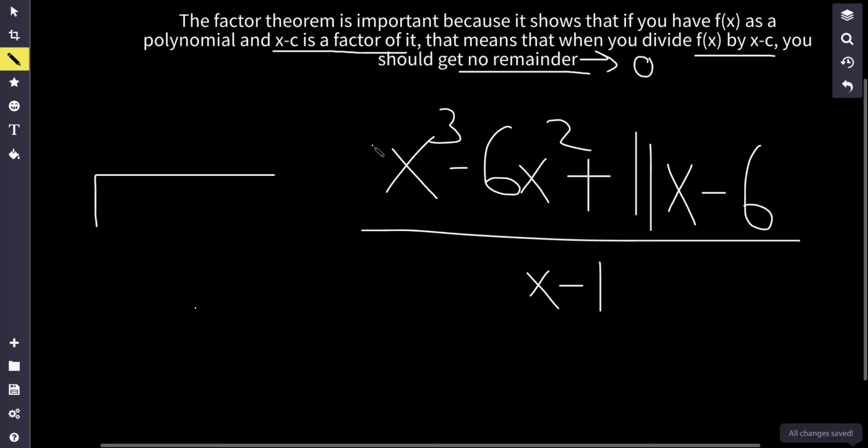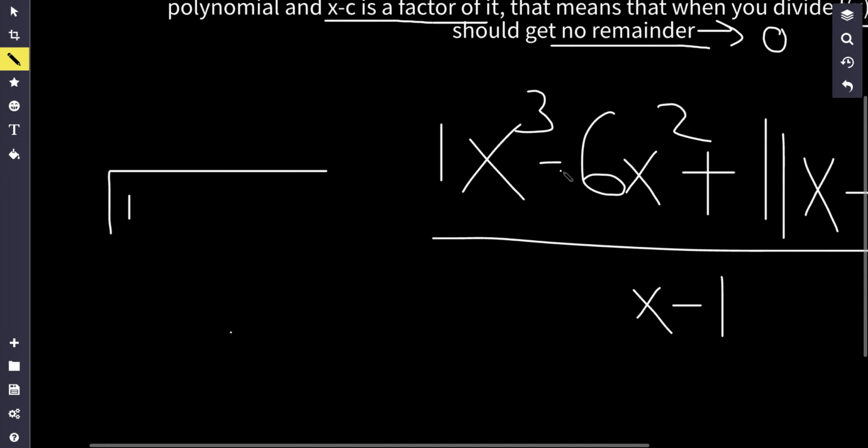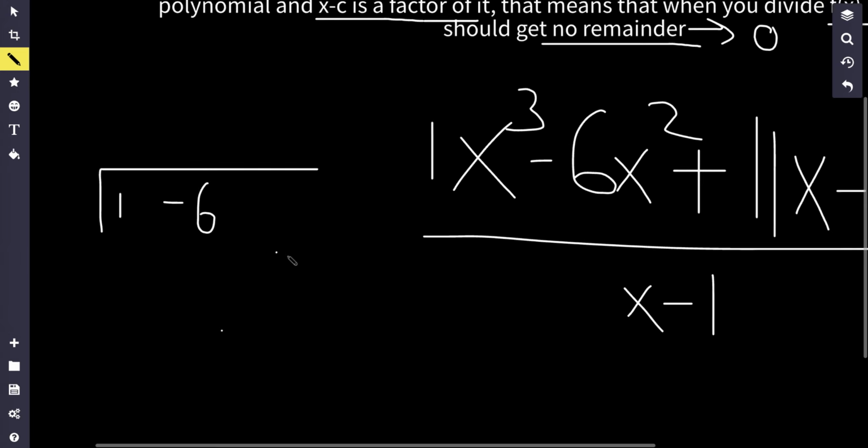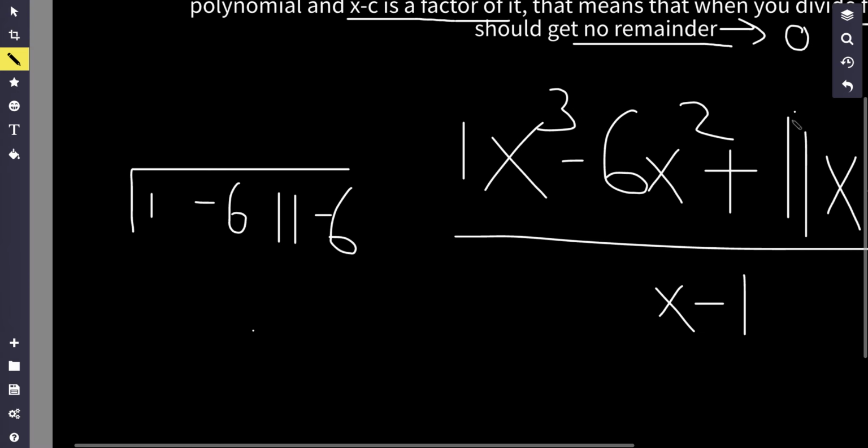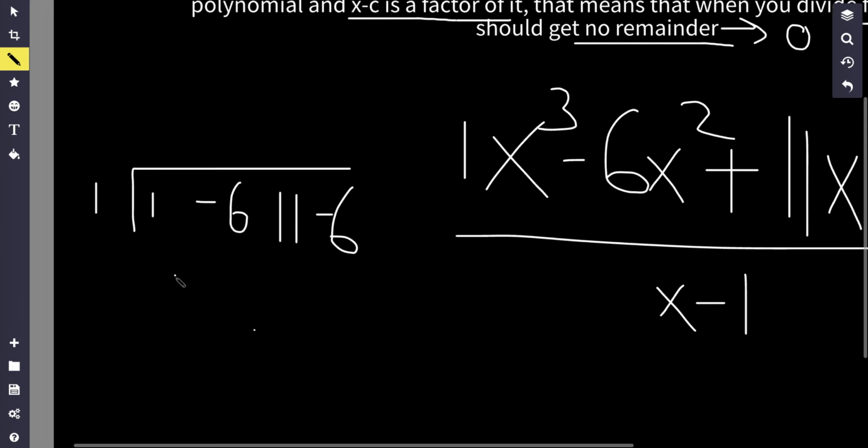So once again, I'm going to place all the coefficients inside this box. So we have 1, negative 6, 11, and negative 6. And then after that, what makes the denominator equal to 0? Well, if I plug in 1 for x, that's going to be 0. So 1 here.